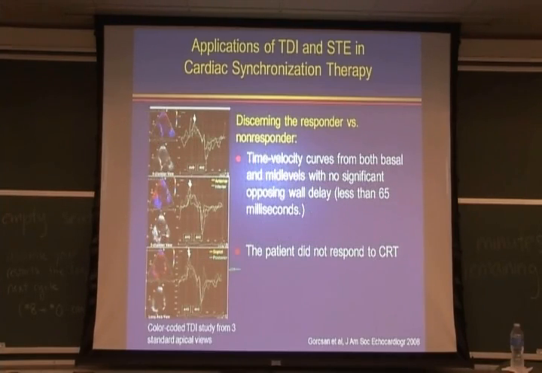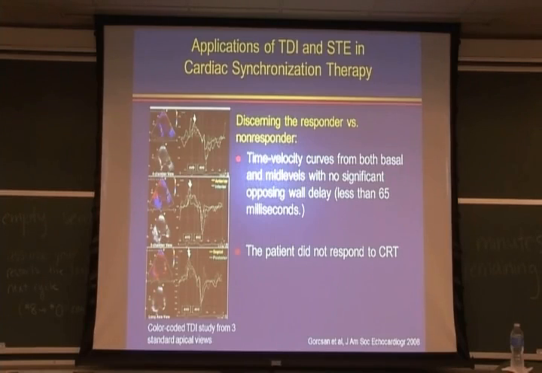There are patients who may have bundle branch block, their QRS duration may be less, but at the same time they may not have enough mechanical dyssynchrony, and they are usually not responders. So here is a patient who has mechanical dyssynchrony in different segments, in the same 4-chamber, 2-chamber, and 5-chamber views, but their lateral wall, free wall, inferior wall and anterior wall combined, their mechanical dyssynchrony was less than 65 milliseconds, and this patient did not respond to the CRT approach.